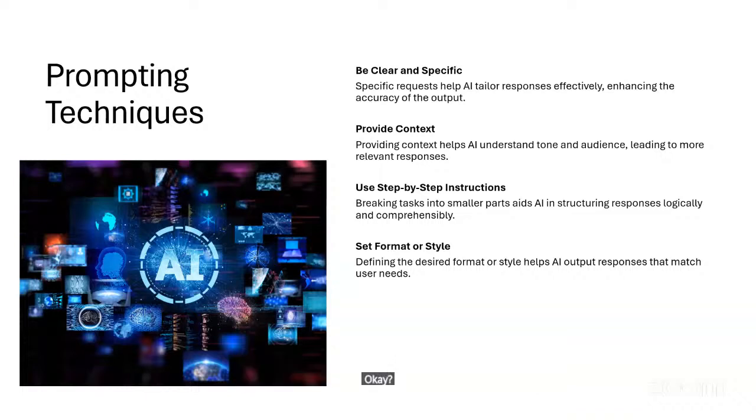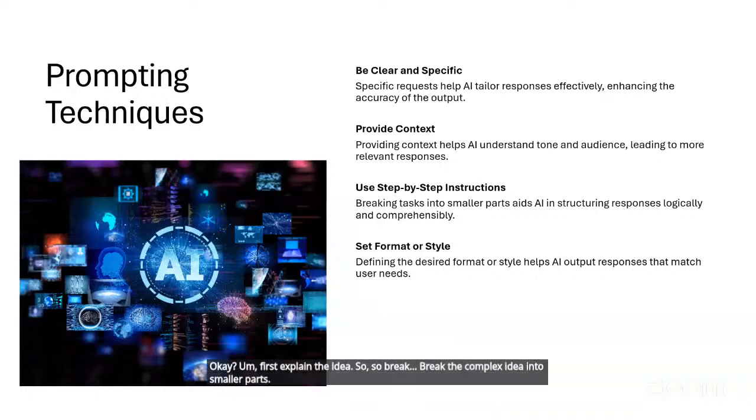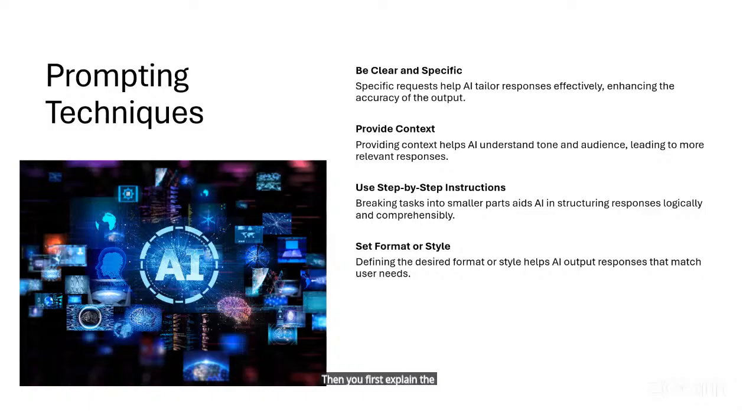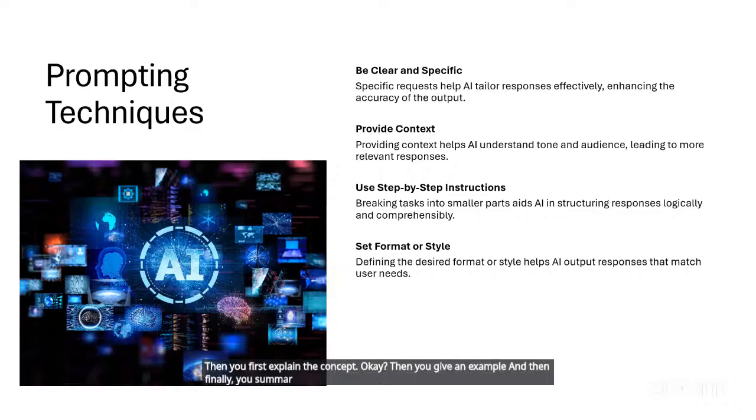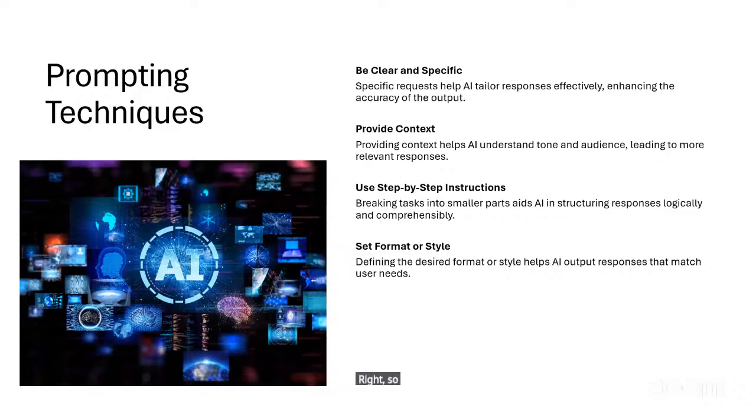First, break the complex idea into smaller parts. Then you first explain the concept, then you give an example, and finally you summarize it in one sentence. It helps the AI structure its response more logically. So that's certainly something I would encourage you to do.